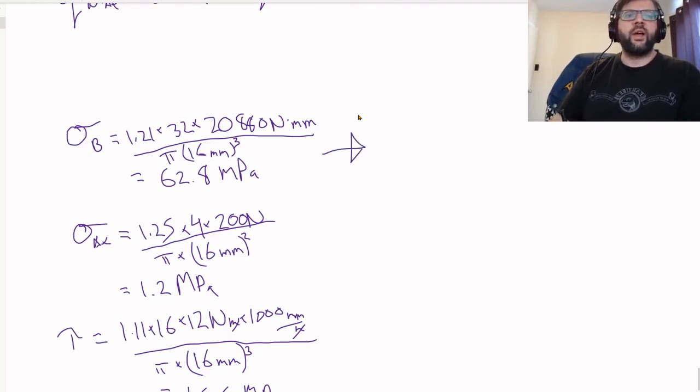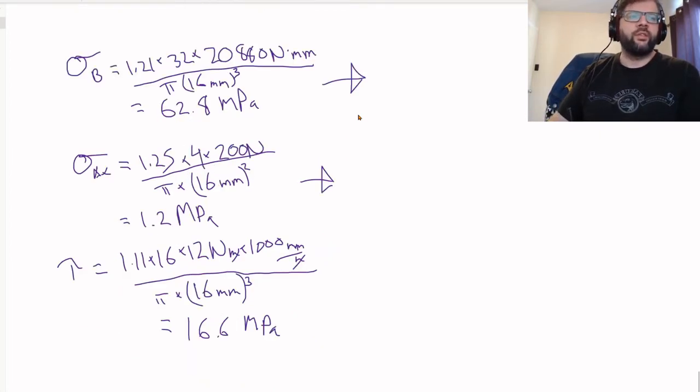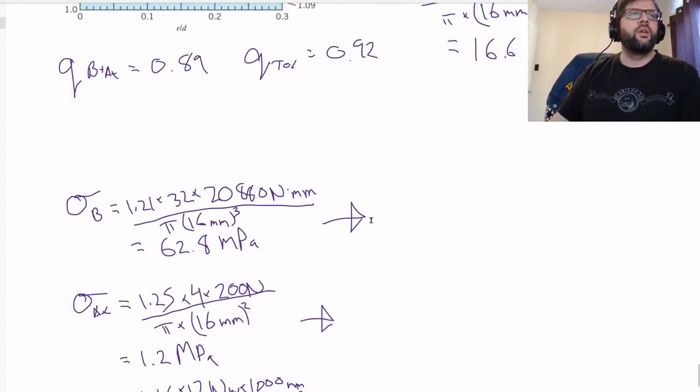We're going to see the axial stress stay constant as you're pressing there, and the torque's going to stay constant in our worst case scenario.